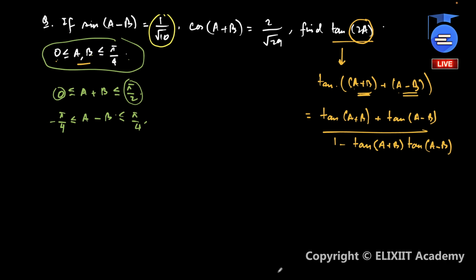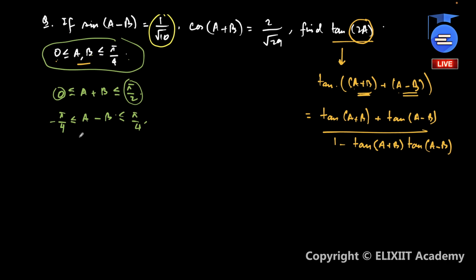Right? It means sine theta, A minus B, is positive. So if sine theta is positive, A minus B cannot lie between minus pi by 4 and 0, for obvious reasons. Sine of A minus B is positive.